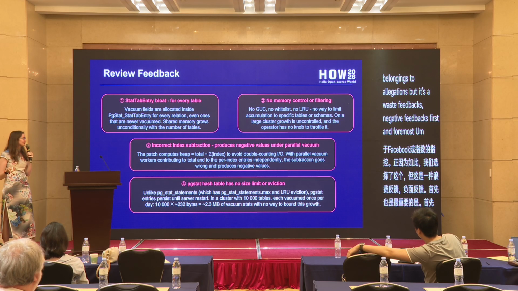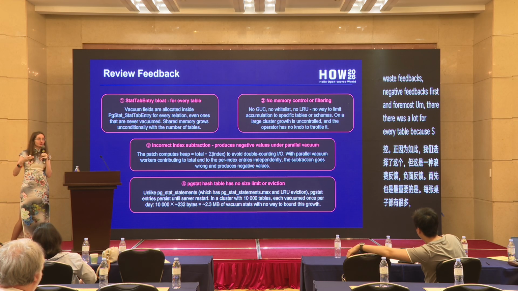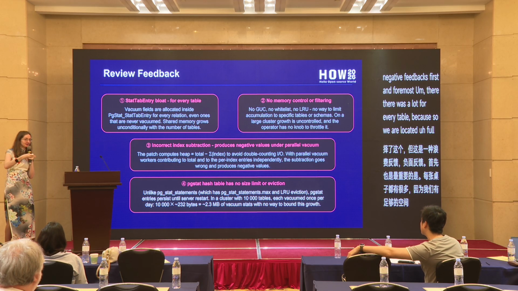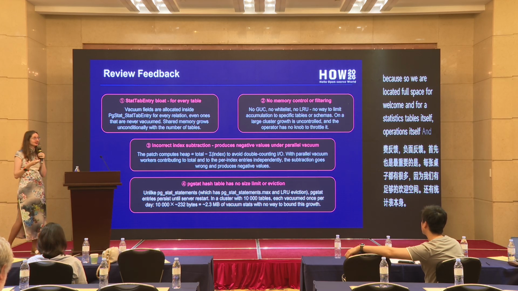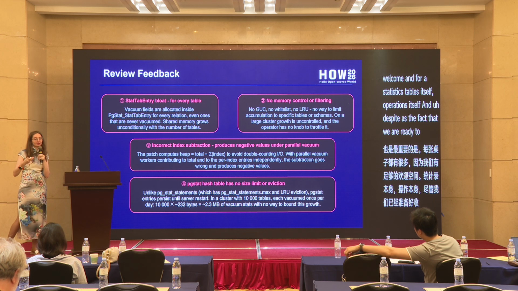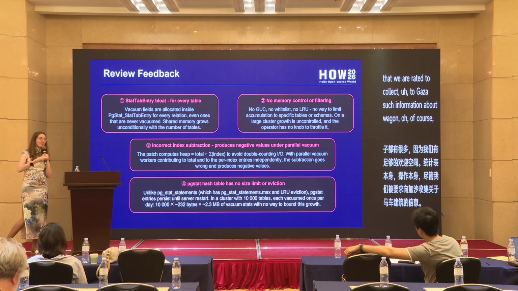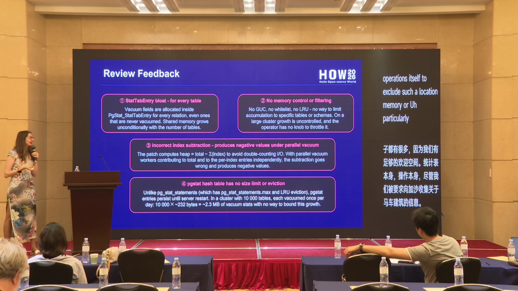there was bloat for every table because we allocated full space for vacuum statistics in the relation statistics itself. And despite the fact that we are ready to gather such information about vacuum, the architecture of the design does not allow us to exclude such memory allocation or allocate it only partially.